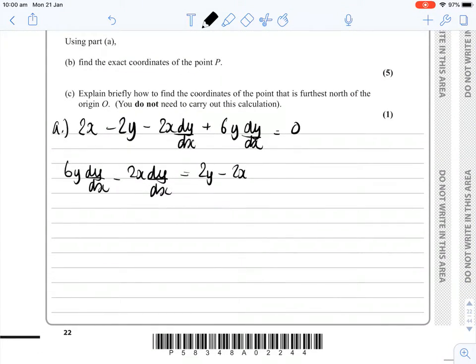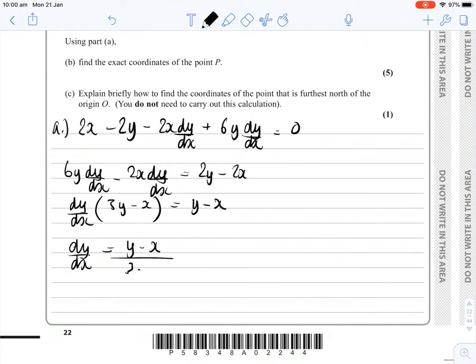Divide everything by 2 and factor out the dy/dx, and we're going to get dy/dx lots of 3y minus x is equal to y minus x, and then divide to get dy/dx is equal to (y minus x) all over (3y minus x).